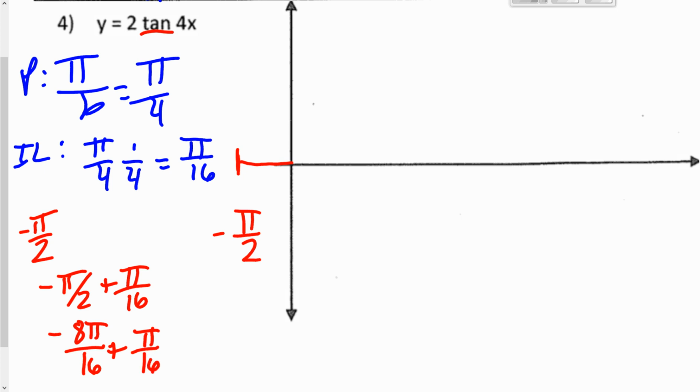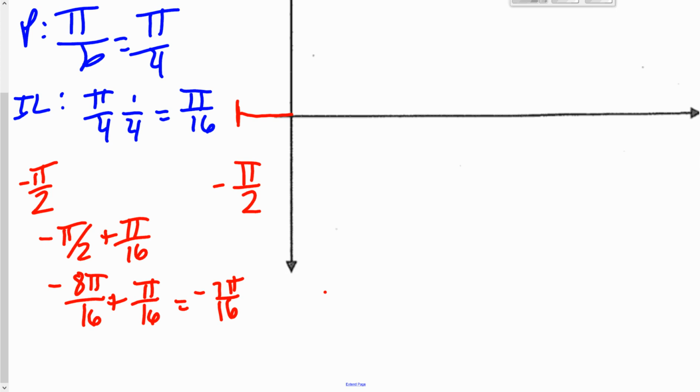And then we go ahead and add that, and we get negative 7 pi 16ths. And then we can add that again. So negative 7 pi 16ths, and add another pi 16ths. Once you have a common denominator, it's pretty easy. So we're going to get negative 6 pi 16ths.